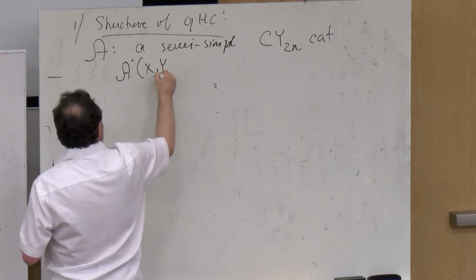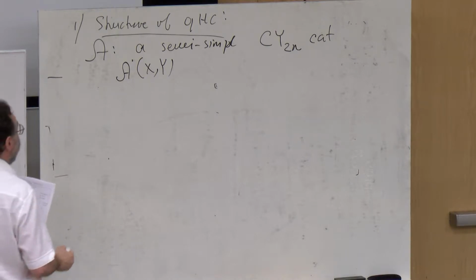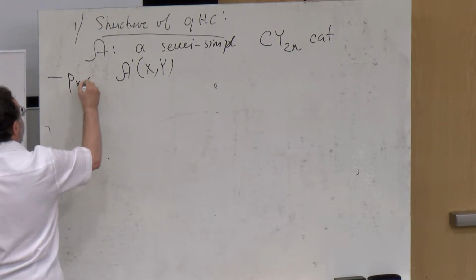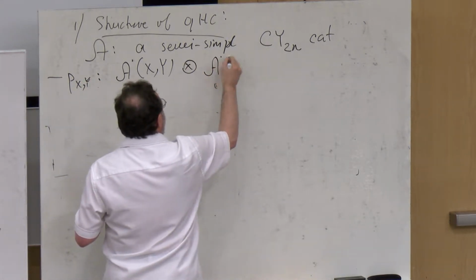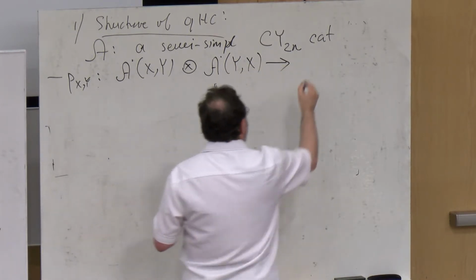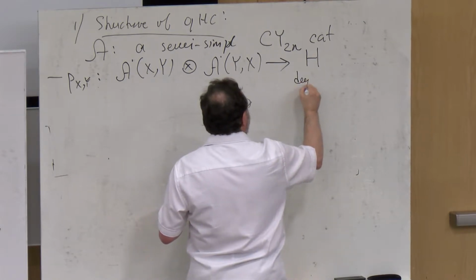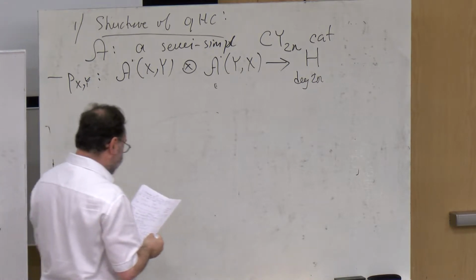Which means the following: first of all, this category has Homs which I suppose are graded vector spaces, not even complexes, and finite dimensional in some sense. And most importantly, there is a pairing P_XY from Hom from X to Y, tensor Hom from Y to X, into some dualizing object H, which has degree 2n. This is because it's a Calabi-Yau 2n category.